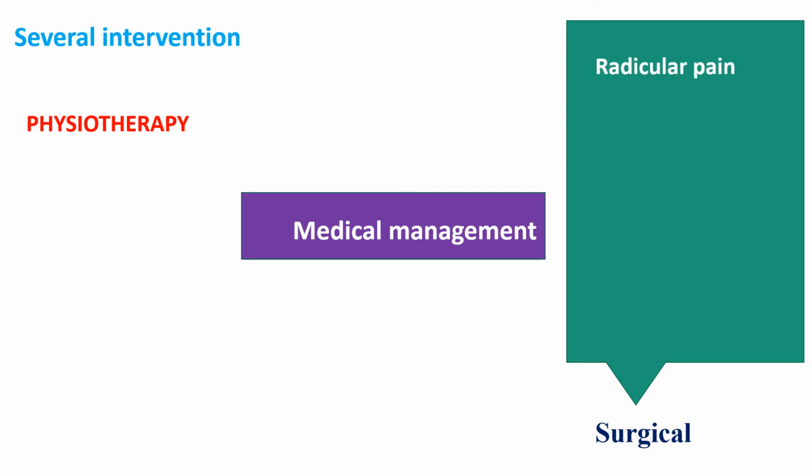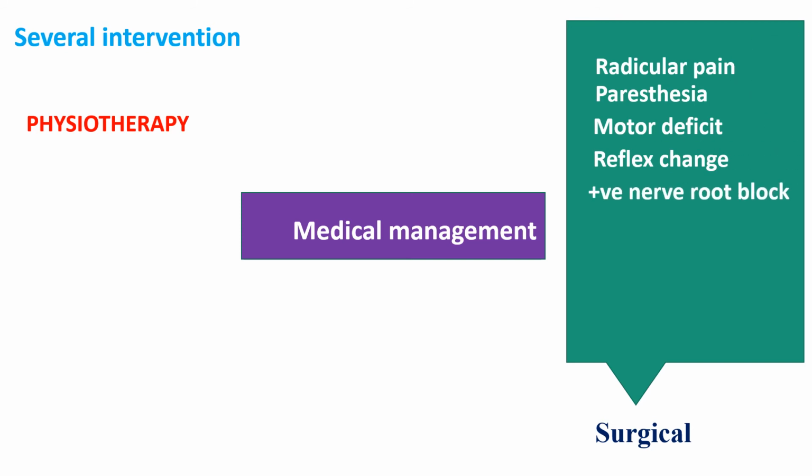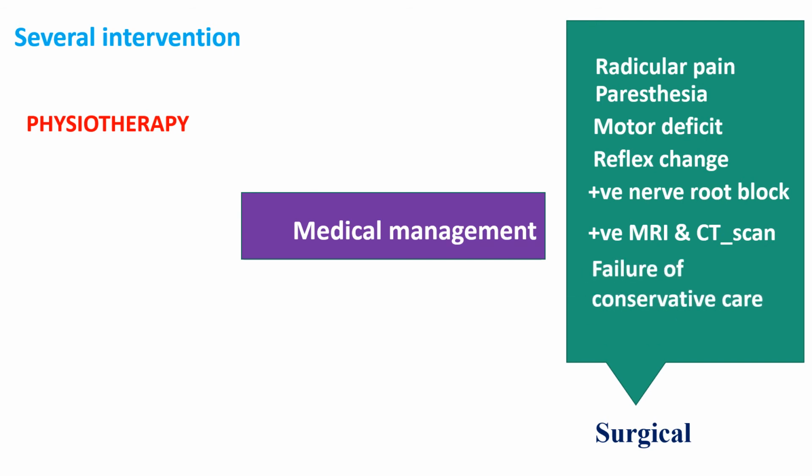These are radicular pain, paresthesia in involved nerve root dermatomes, motor deficits, reflex change, a positive response to selective nerve root compression, a positive response on MRI and CT scans, then failure of conservative care like physiotherapy and injection therapy.